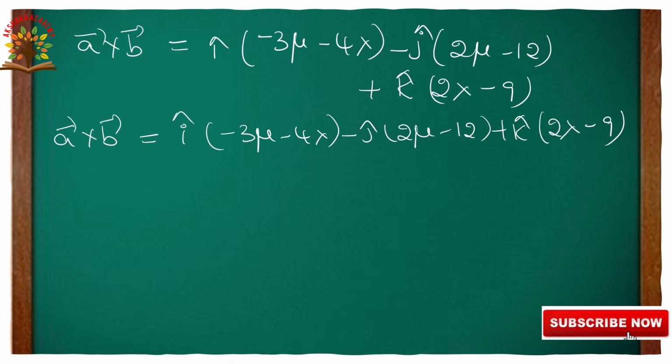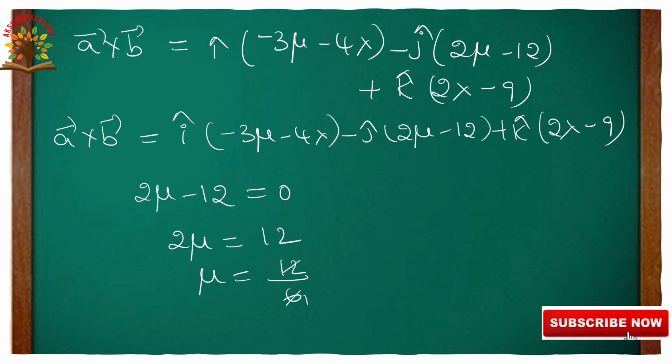The j component, 2 mu minus 12, is equal to 0. We are finding the mu value. 2 mu is equal to 12, then mu is equal to 12 by 2, which is 6. So the value of mu is equal to 6. And the k component, 2 lambda minus 9, is equal to 0.